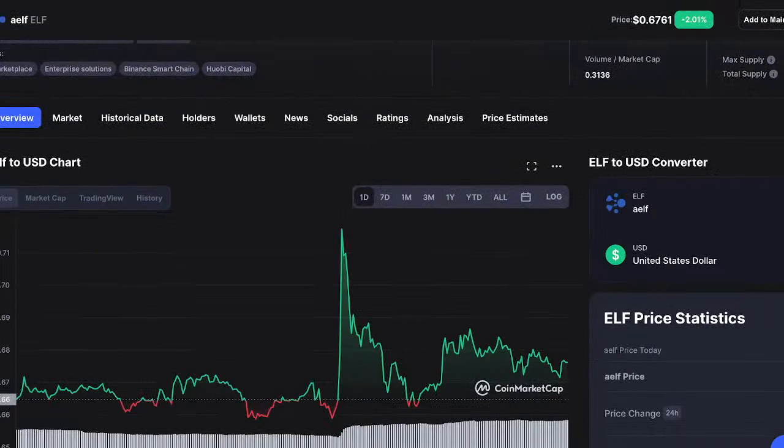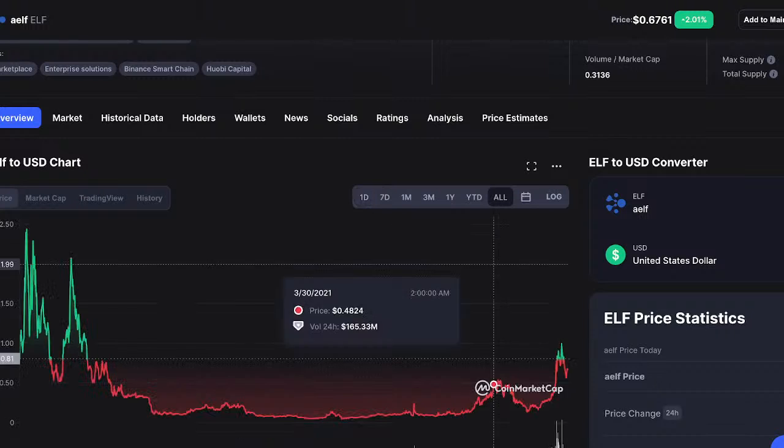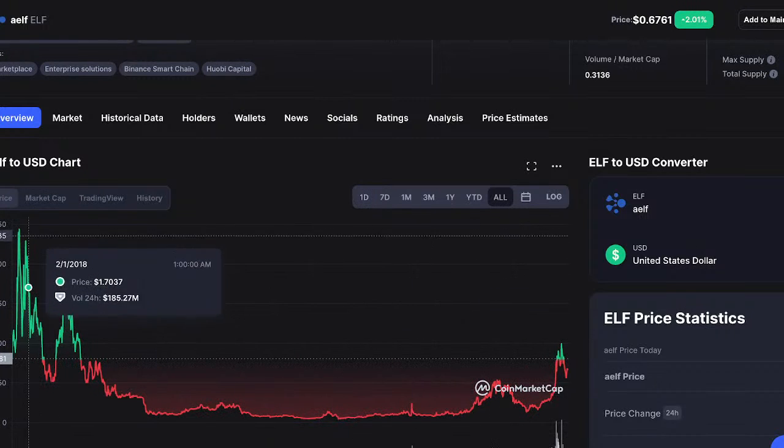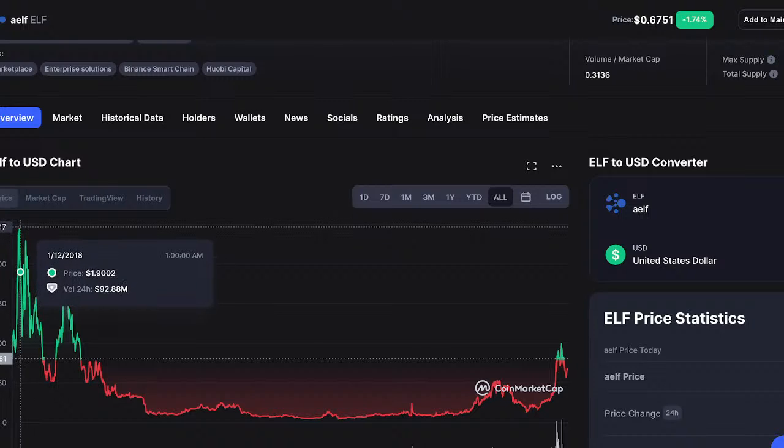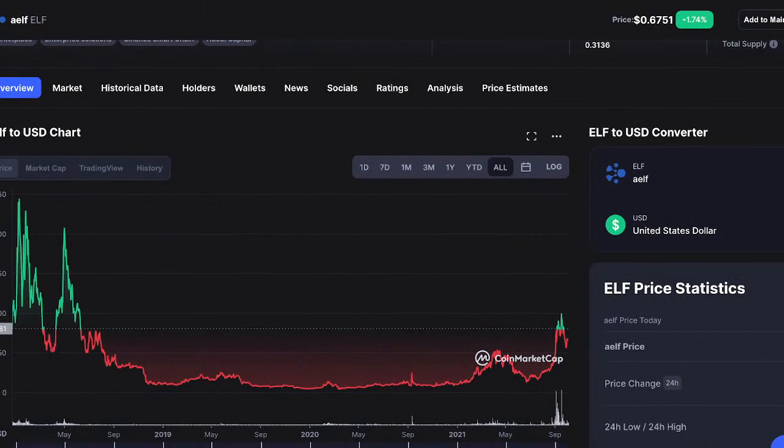What I think is very important is to take a look at the all-time data. You can clearly see that we have seen a major spike. Previously, we had towards the $2, and the all-time high is at approximately $2.40, and the current price is 67 cents.